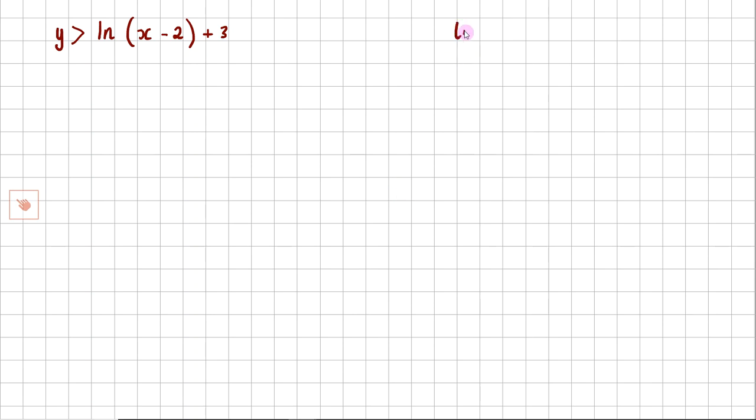Good. So natural logarithm is the inverse of e to the power of x, isn't it? So hopefully we know what e to the power of x looks like roughly. What does e to the power of x look like? It's an exponential, isn't it? All right. Where does it cross? 2 maybe? Or 1.5?